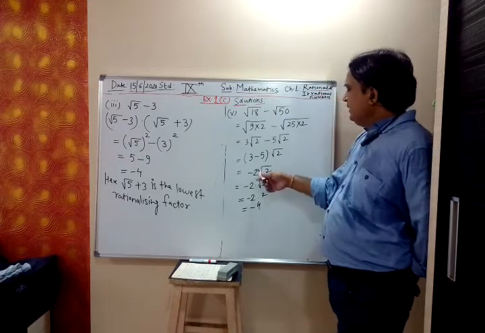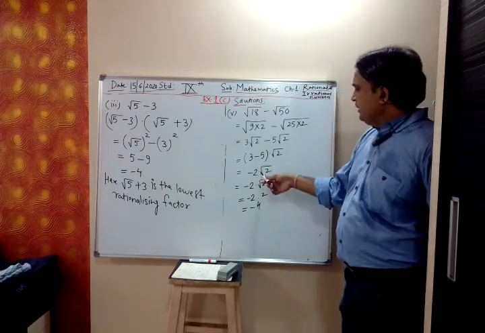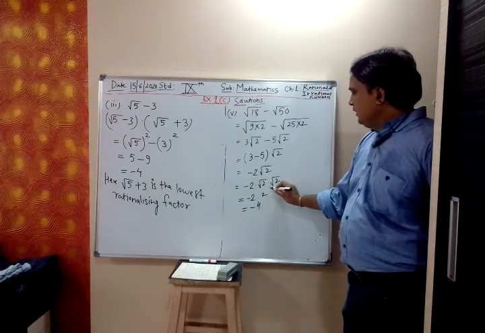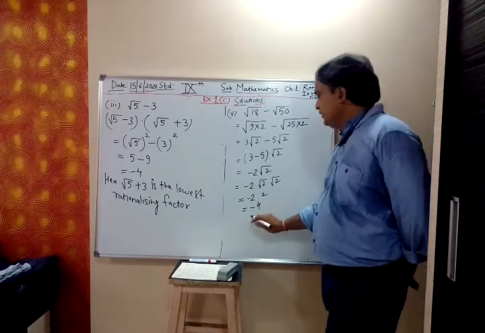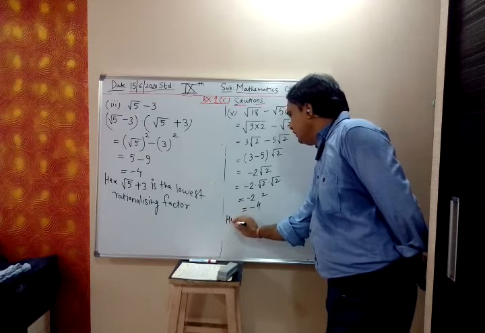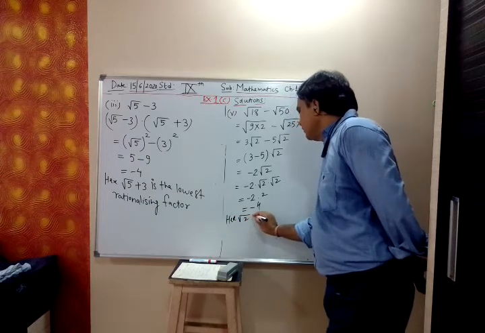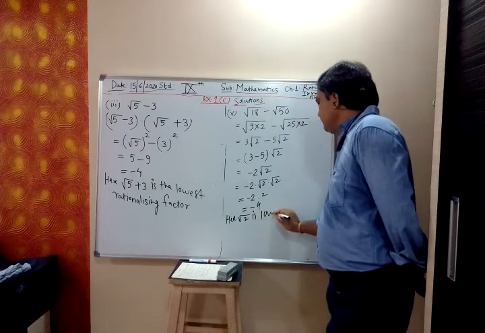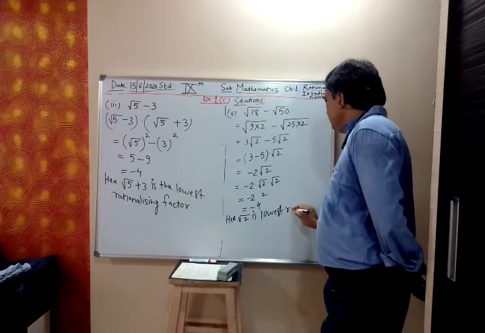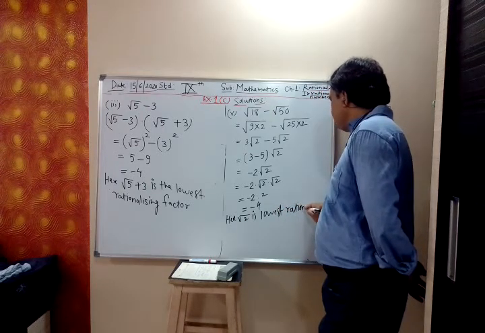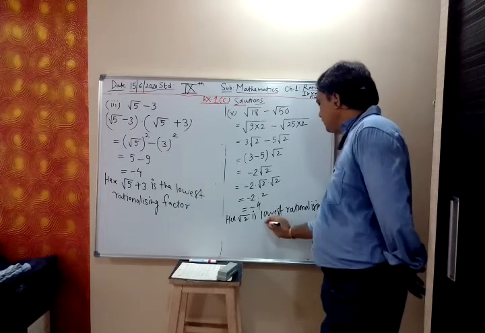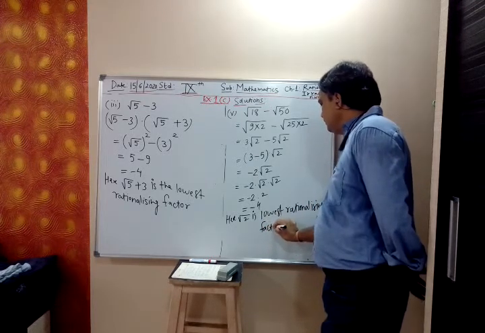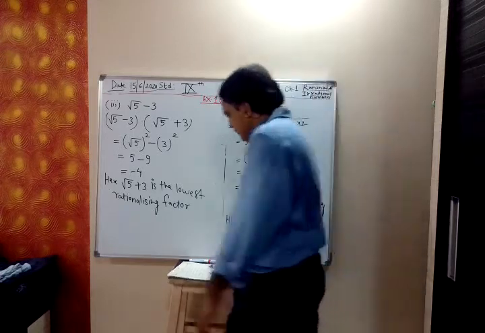So when we multiply by root 2, it becomes minus 4. So here root 2 is the lowest rationalizing factor.